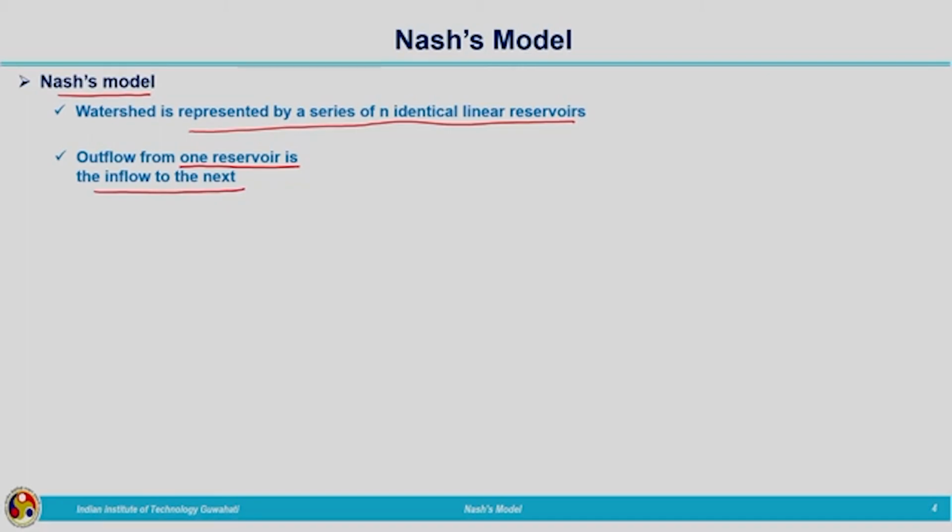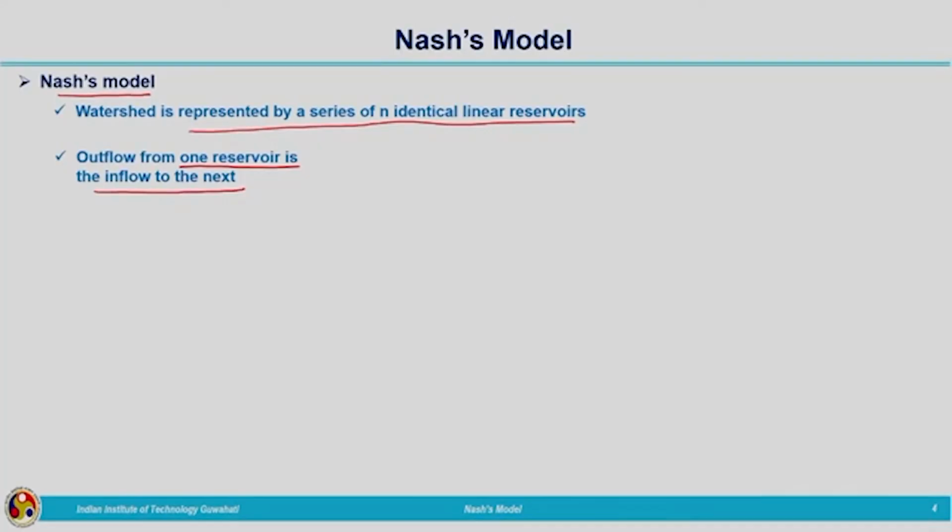That is, if we are considering the catchment as consisting of n linear reservoirs, the reservoir at the upstream end or the upper part of the catchment will produce an outflow, that is the inflow to the next reservoir, and that continues up to the nth reservoir.